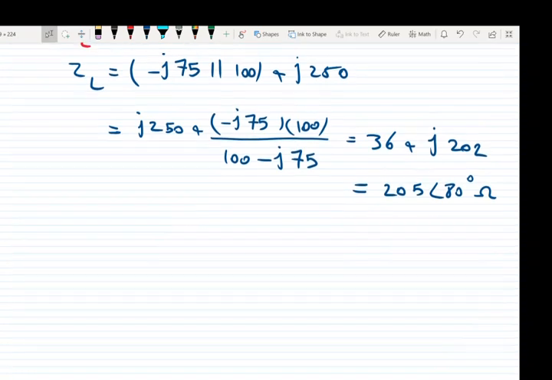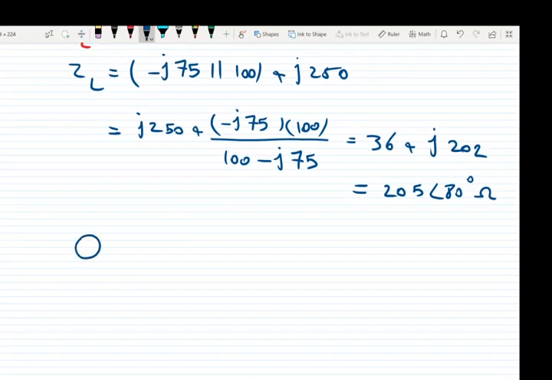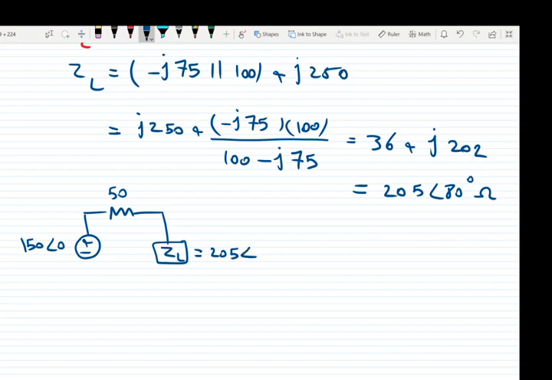Now we simplify the circuit in this form. We have the voltage source 150 with the angle of 0, the 50 ohm resistor, and we have ZL, which is equal to 205 with the angle of 80, or 36 plus J202. We find the current IL.